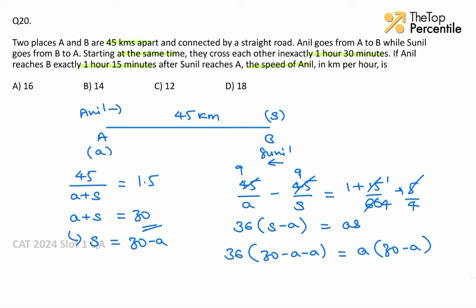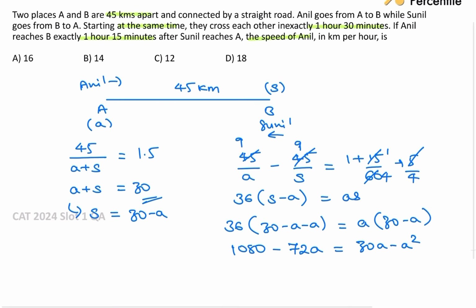So 36 into 30 gives 1080, minus 36A, minus 36A is minus 72A, equals 30A minus A square. Further we'll arrange this: A square minus 102A plus 1080 equals 0.